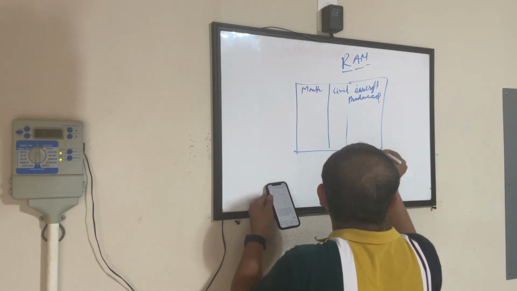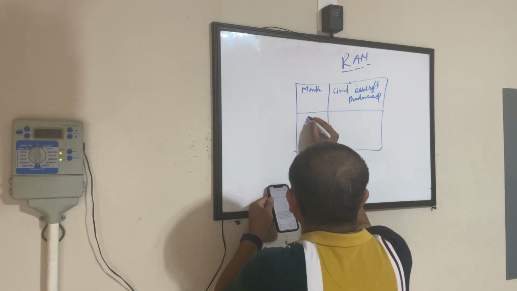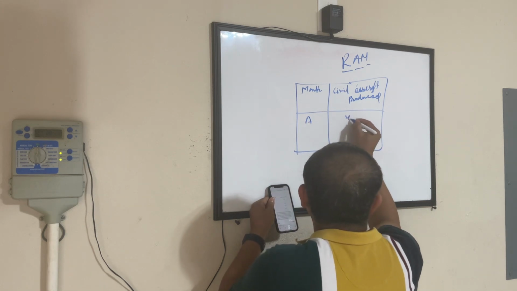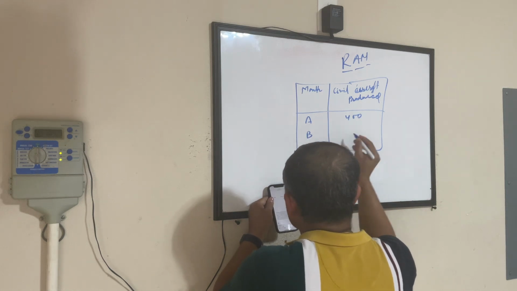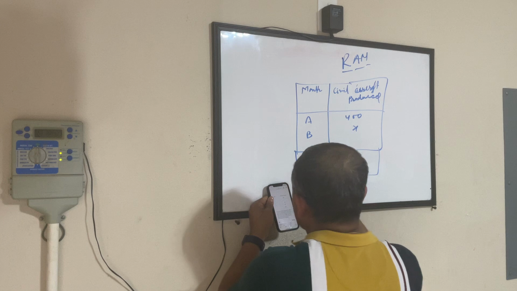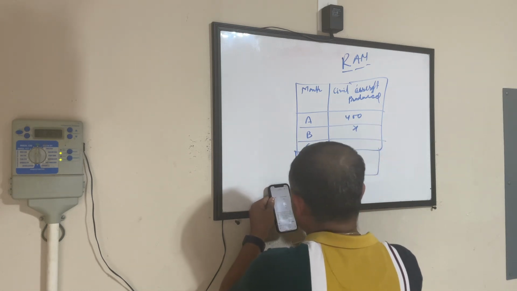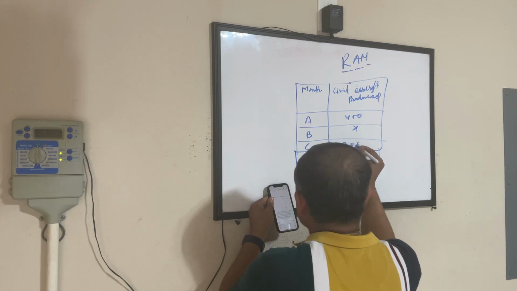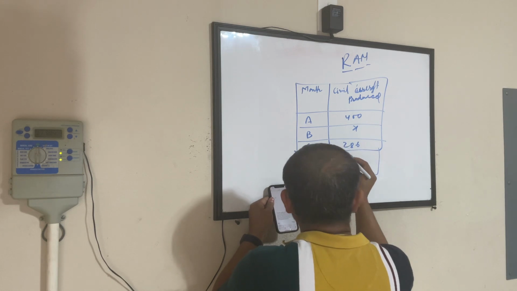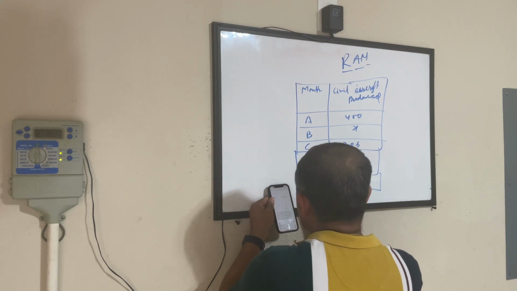So you are essentially looking at a table with two columns. Then you have A 400, B X, C 286, D 350, E 290.